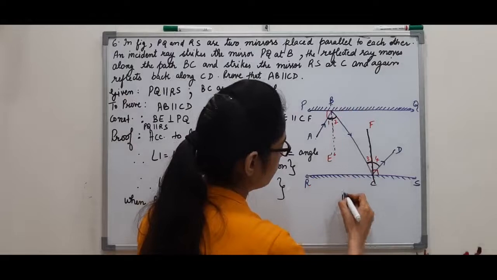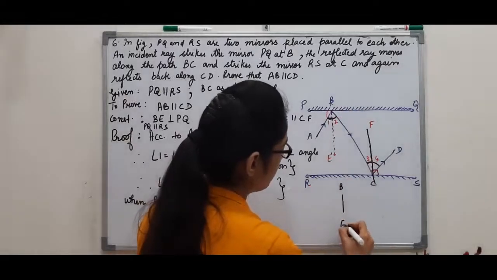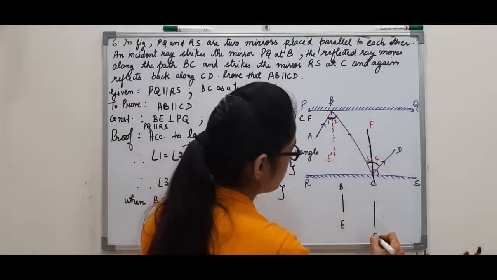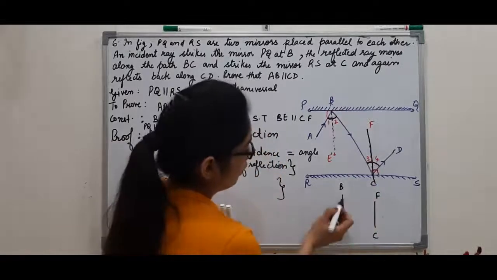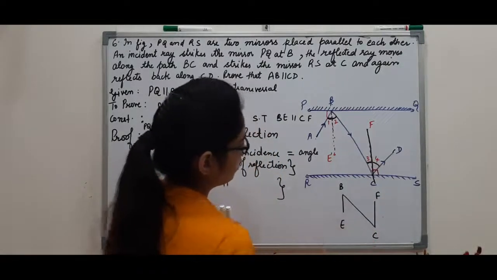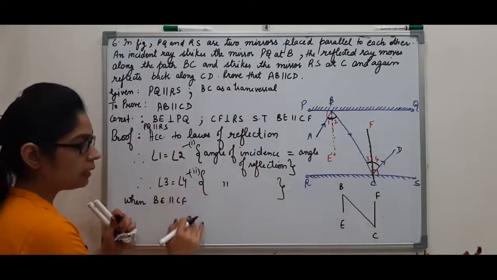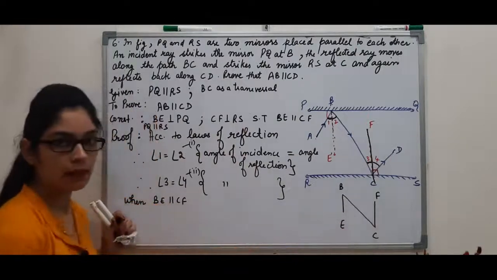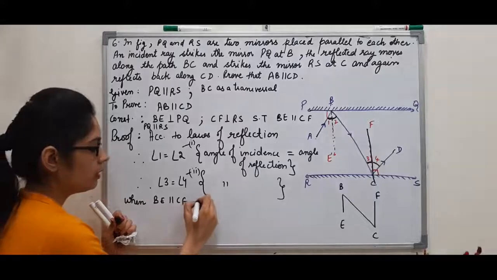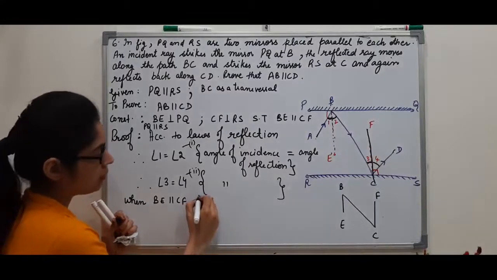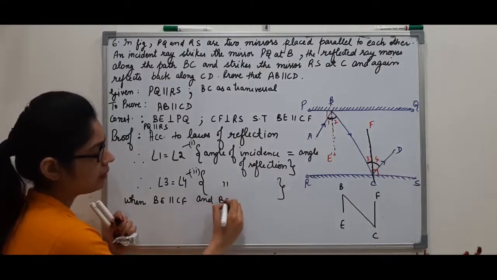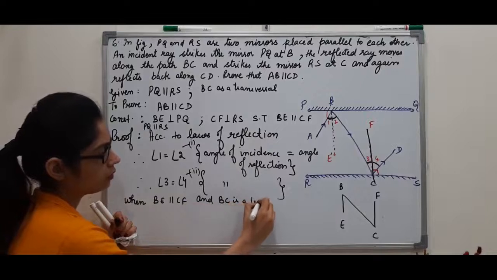Here I will draw line BE, which is parallel to CF, and this is the transversal BC. When BE is parallel to CF, as we have already done by construction, BC is a transversal.